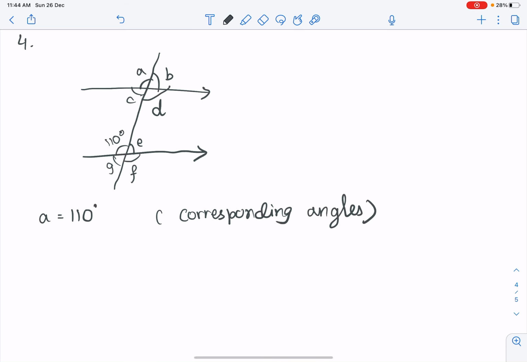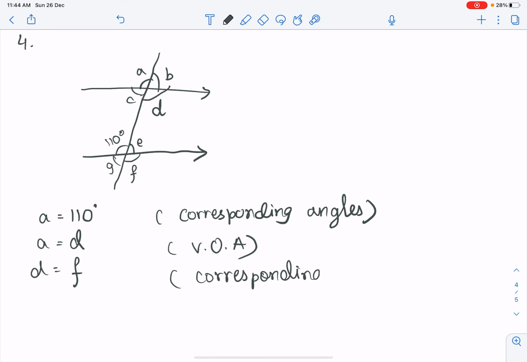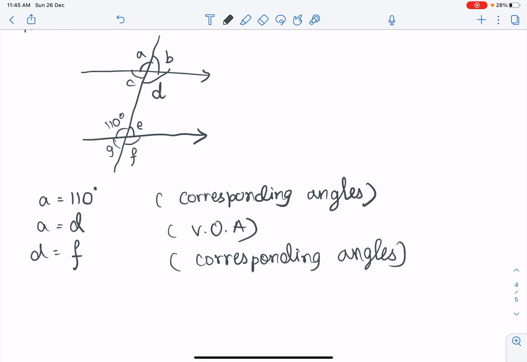Right? Then A can be equal to D because of vertically opposite. D can be equal to F because of corresponding. That means A, D and F are your 110 degrees. Now let's look at others.